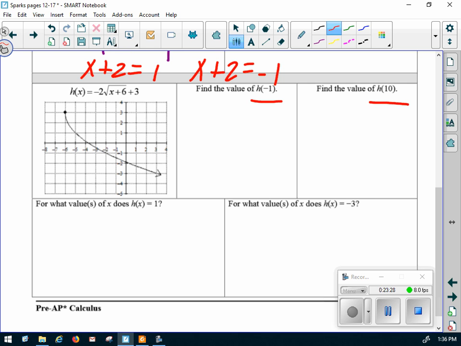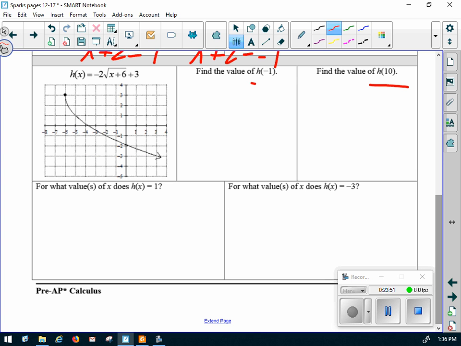Doing this and this ought to be a snap, right? Here, what do you do with the -1? Plug it into the equation. What do you do with the 10? Plug it into the equation. On each of these, what are you finding? Y values. Good. Now look down at those bottom two.